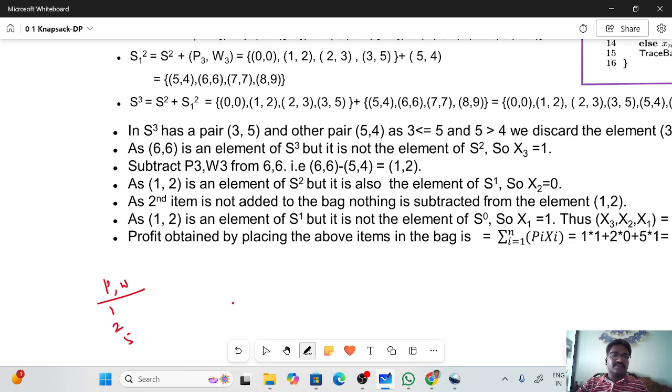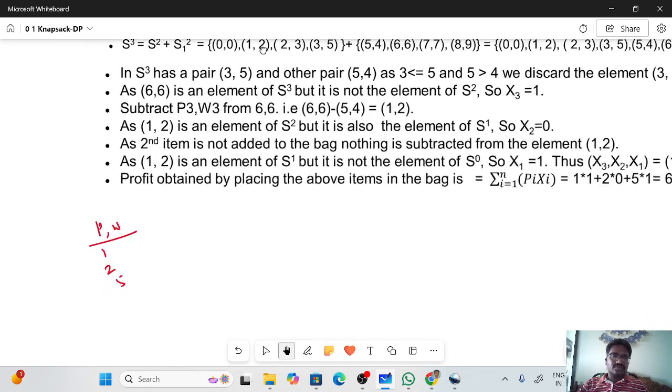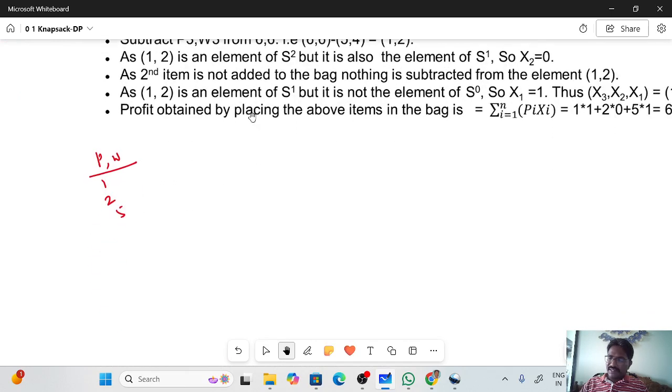And weights are 2, 3, 4, and knapsack capacity is 6. So I must first create the initial set. The initial set is nothing but S power 0. What is S power 0? 0 profit with 0 weight.